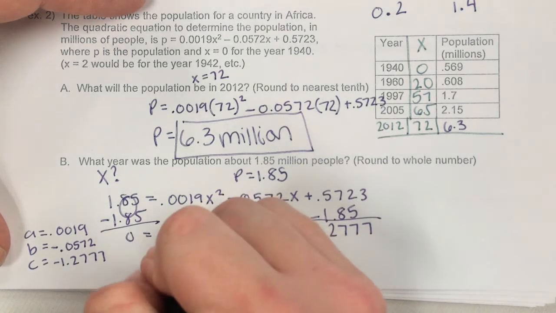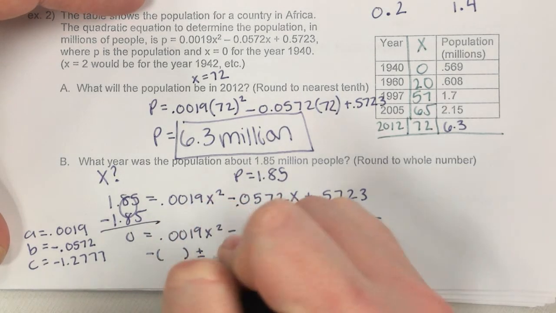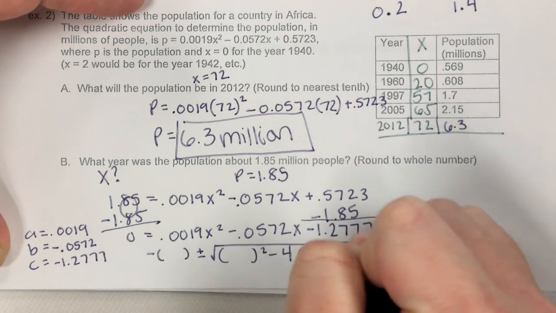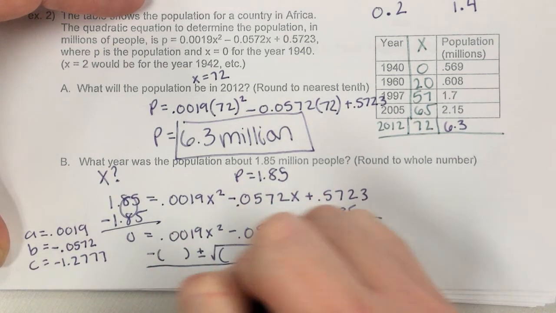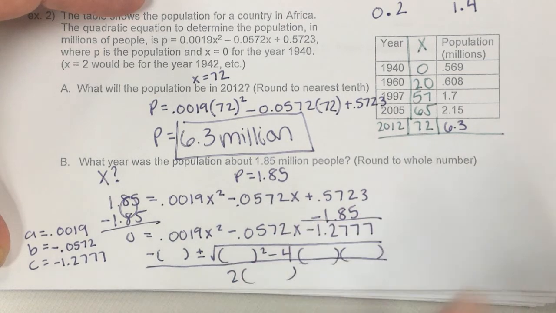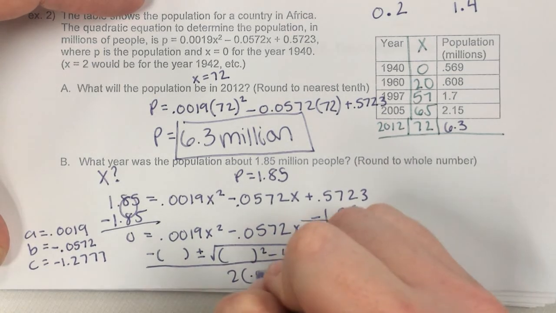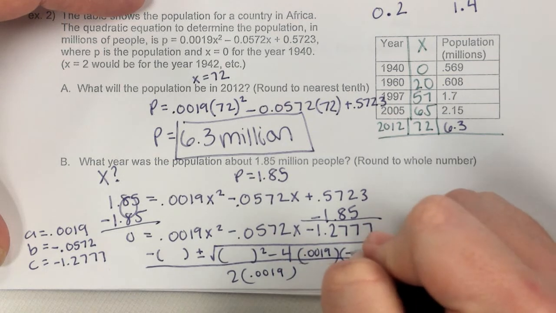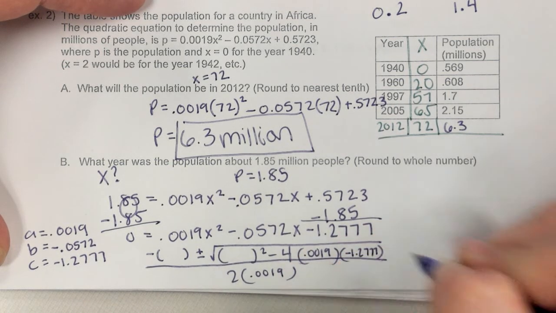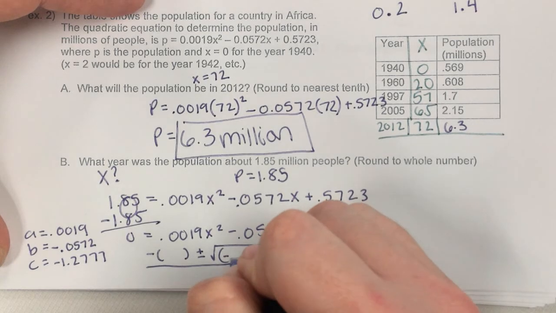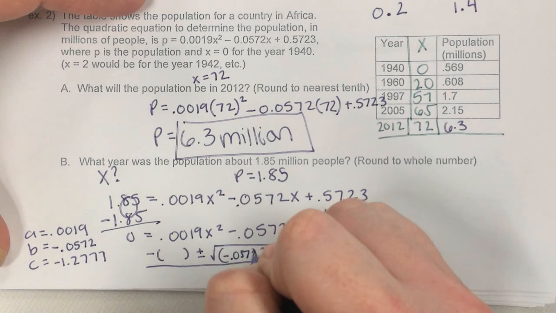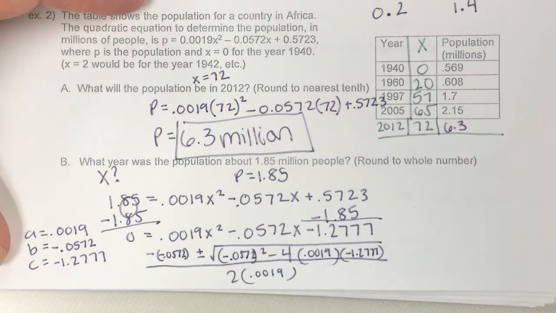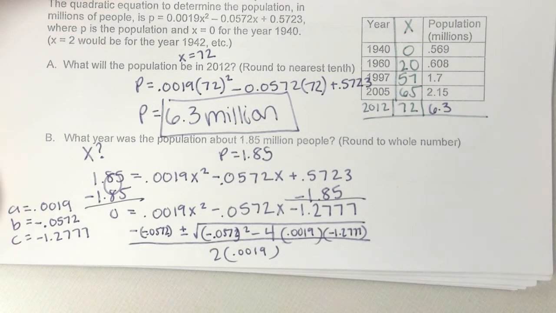Okay, so negative B plus or minus square root of B squared minus 4 times A times C all over 2A. Okay, I know I wrote those really, really small.